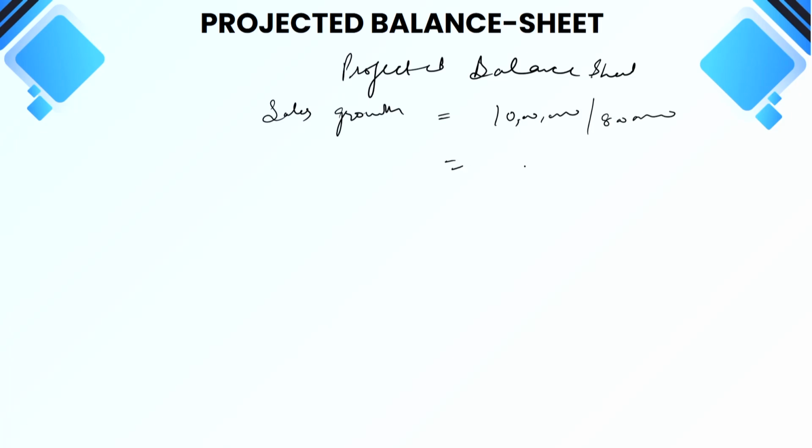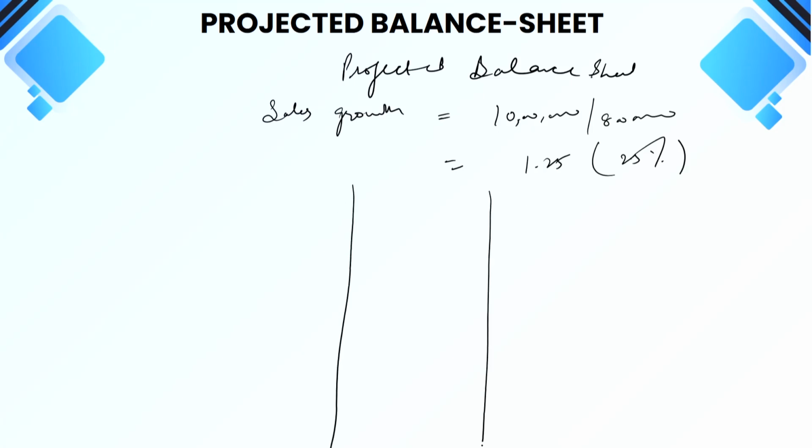So we reach the figure of 1.25 times, which means it is 25%. So now we are going to project the balance sheet using the different items of the year 2022, then estimating the figures for the year 2023.